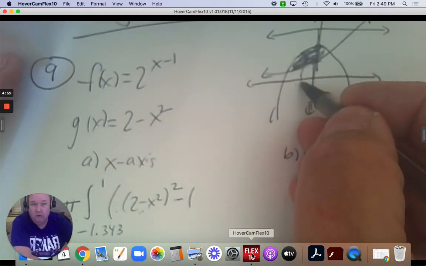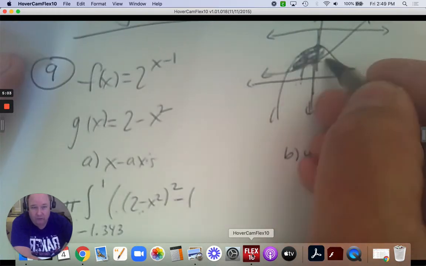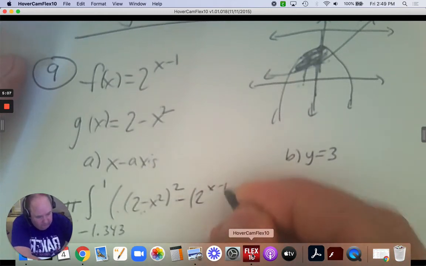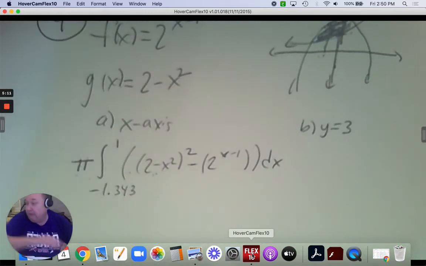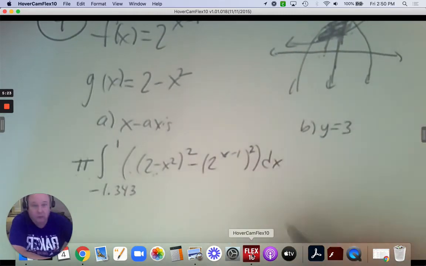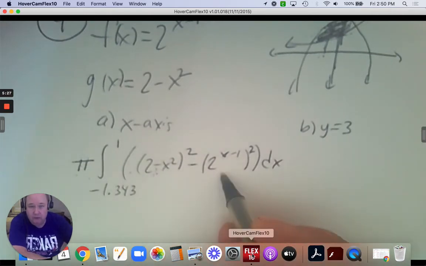If you go from the x-axis to the front of the area, that curve is the exponential, 2 to the exponent x minus 1. And there's the setup. Oh, and this should be squared, right? Pi r squared and pi r squared, the big radius minus the small radius.